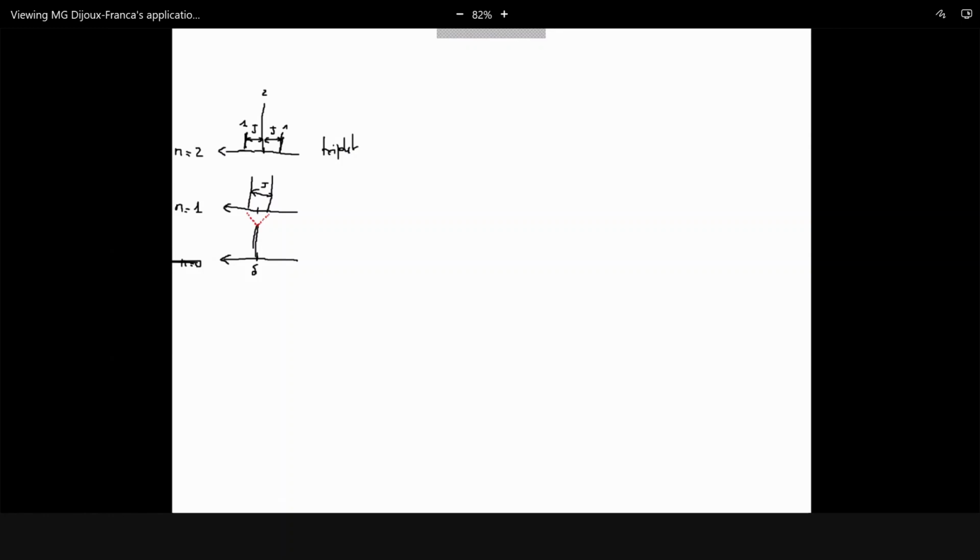And for the triplet, each line will be divided again by 2. But as I have the same coupling constant, the first one will be divided with the same coupling constant as that one, and the second one again with the same coupling constant. In the middle, I will have a superposition of 2 lines, so that's why the height here is twice the height on the side. Okay?